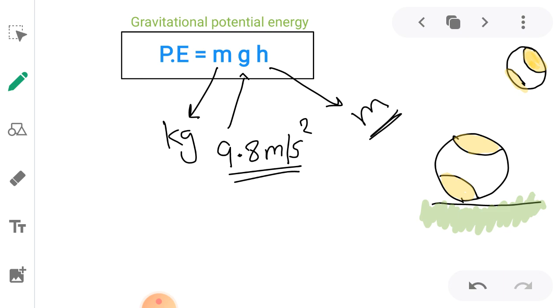Again, potential energy is the energy stored inside the object in the case of rest. When the object is at rest, it contains energy, and that energy is called potential energy. How can I calculate it? I calculate it by mgh: mass, gravitational acceleration, height.